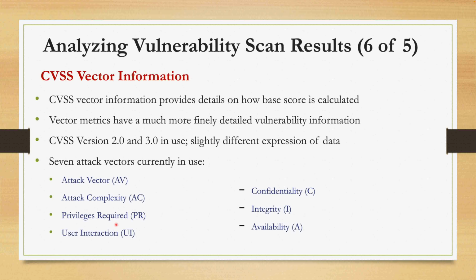Privileges required specifies the level of privilege an attacker must have before exploiting the vulnerability. It could be none, low, or high. And user interaction states whether the vulnerability requires a user to perform an action such as clicking a link or running a file for the exploit to succeed, and what the impact is in terms of confidentiality, integrity, and availability.